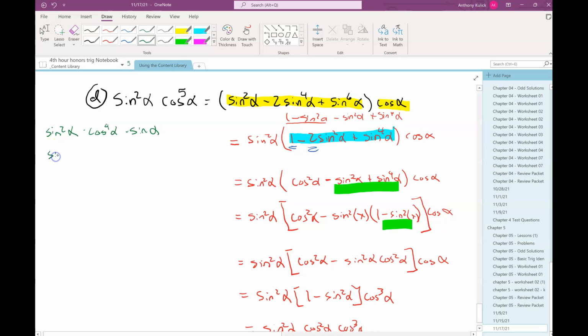So I would have thought, okay, well, cosine to the fourth is just cosine squared squared. And cosine squared is 1 minus sine squared. And then I can just FOIL out that piece.